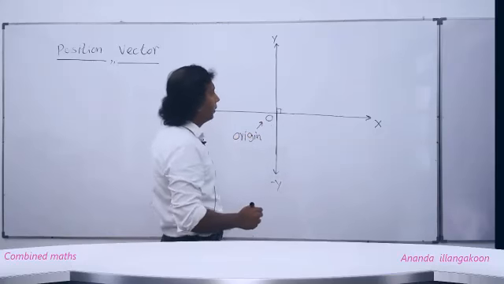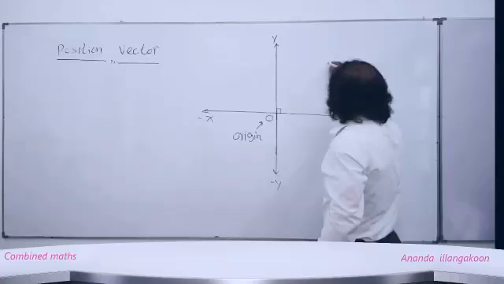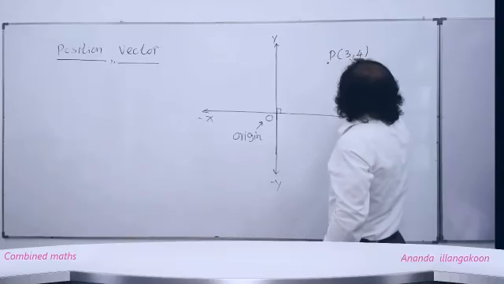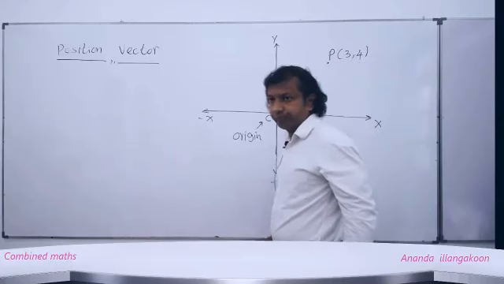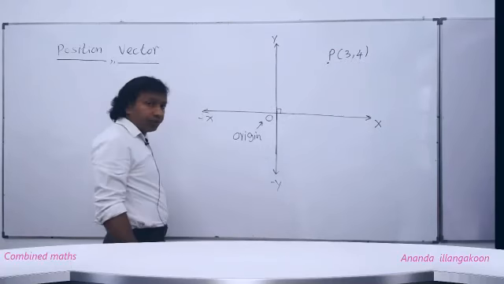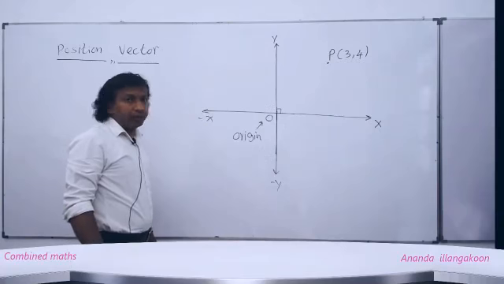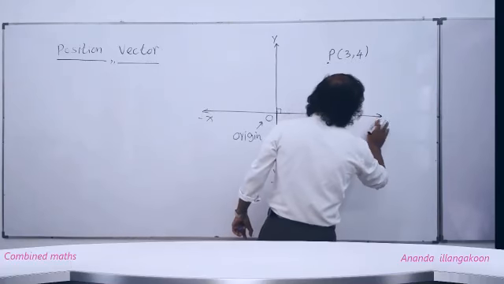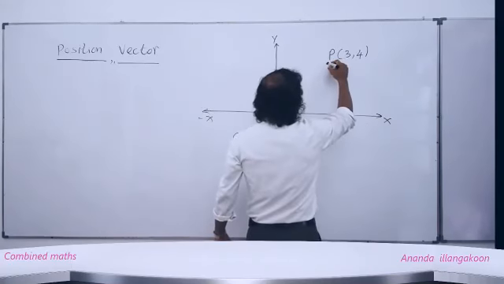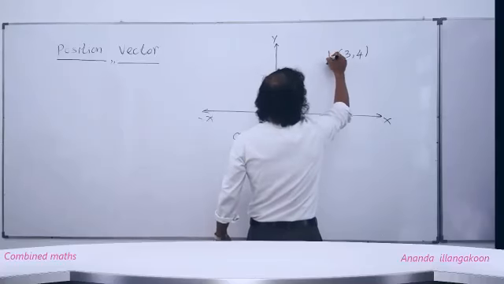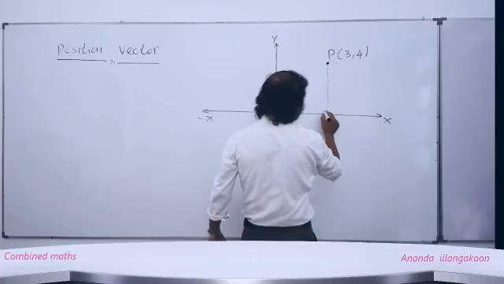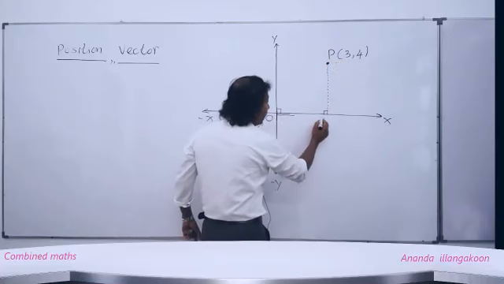We will now suppose here we have a point P. Suppose its coordinates are (3, 4). Can you explain what is really meant by this 3 and 4? 3 means, if we drop a perpendicular from this point P upon the x-axis, this length is 3 units.